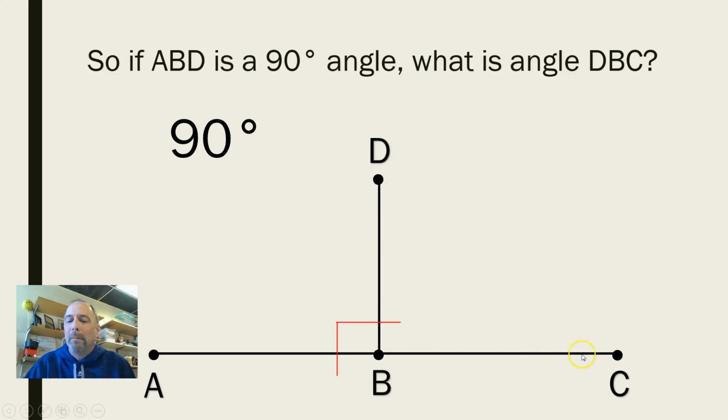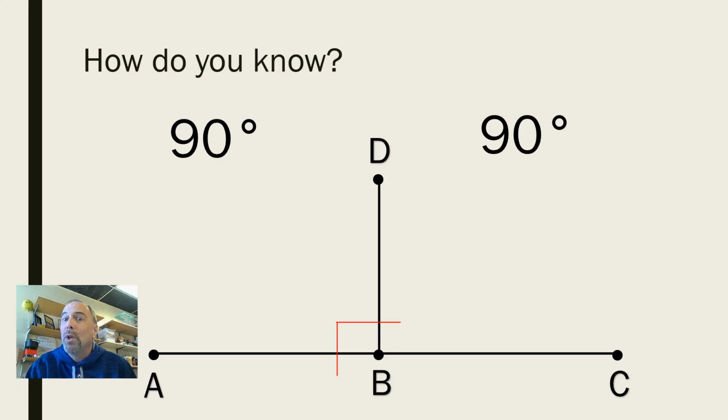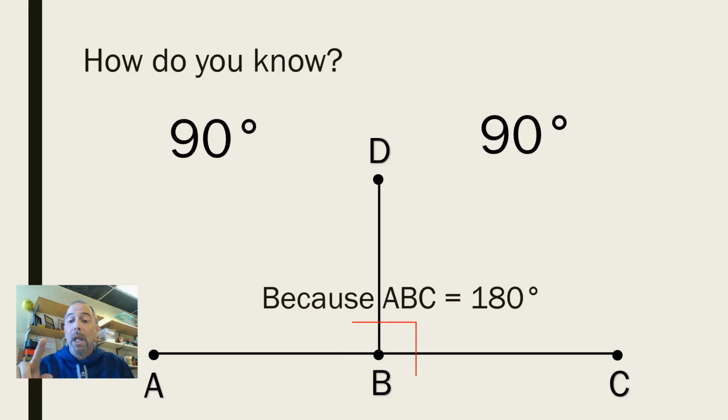So if ABD is a 90-degree angle, what is angle DBC? What does this one measure? Now, I know what you're thinking. 90 degrees, right? But how do you know? Well, this is where this whole math thing comes in. It is because our base, which is ABC, measures 180 degrees.